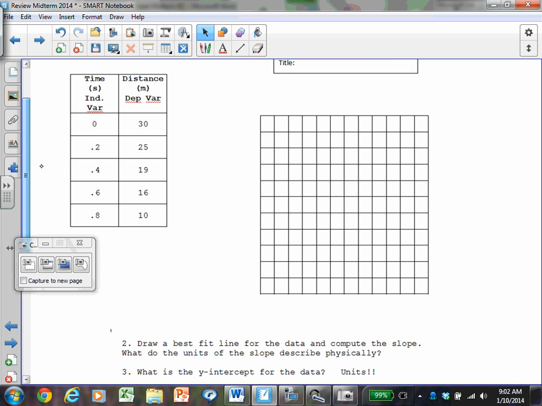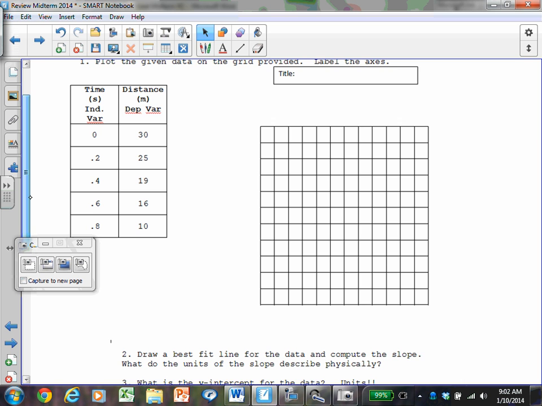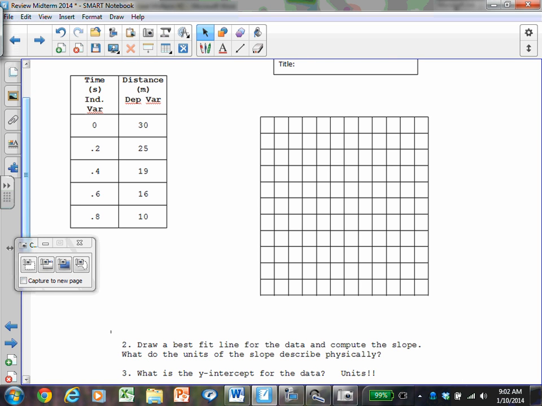So the first thing we'll do is plot this data up. Our time is going to go on which axis? Bottom one, or the x one, and then distance on the y.